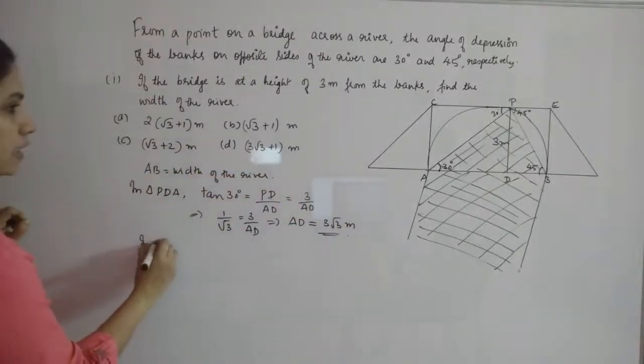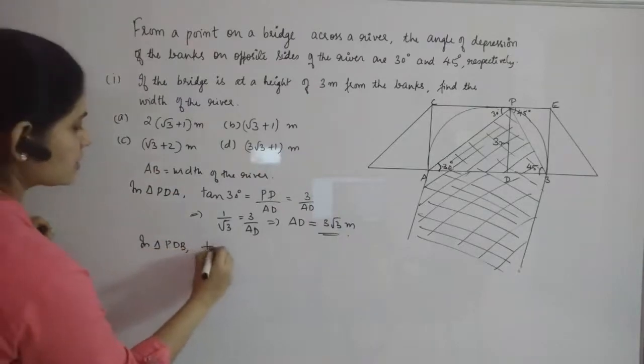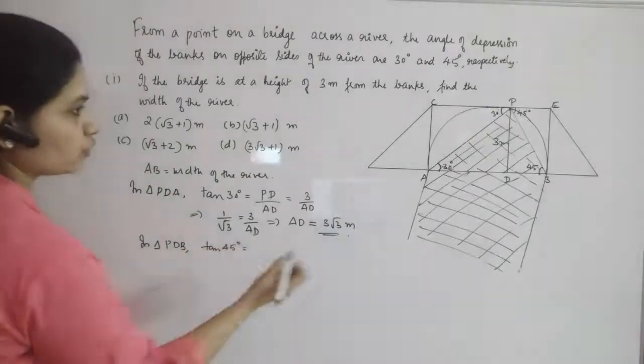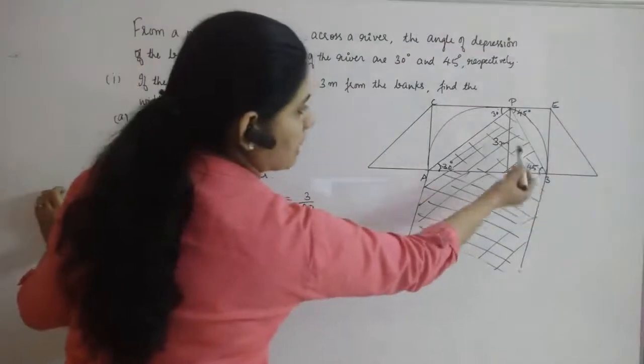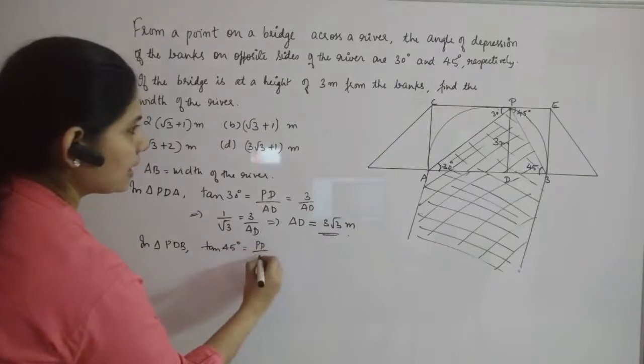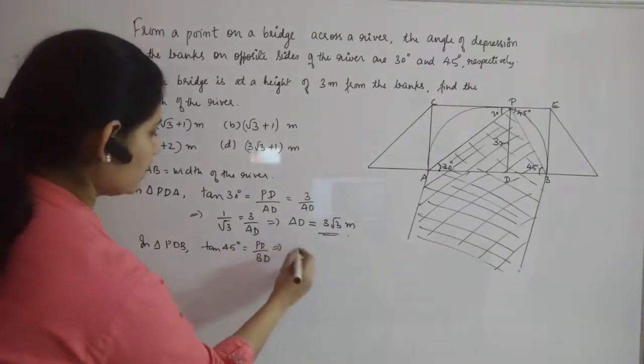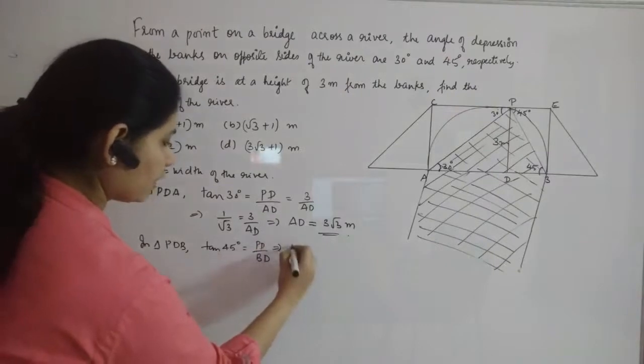Now you need DB. For that you consider the triangle PDB, and tan 45 degrees, because again you need the opposite side by the adjacent side. So tan 45 will be PD by BD. PD is given to be 3 and tan 45 is 1.